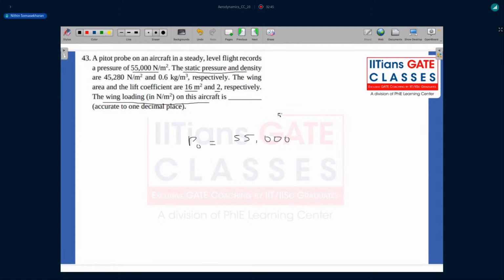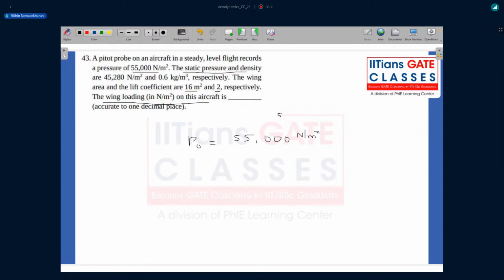When we were solving Bernoulli equation related problems, we have seen that a pitot tube will bring my flow to rest, and hence you can calculate the stagnation pressure. When you combine it with the static probe and take the difference, you get your dynamic pressure. In this case, they only have a pitot tube, which is calculating your stagnation pressure.